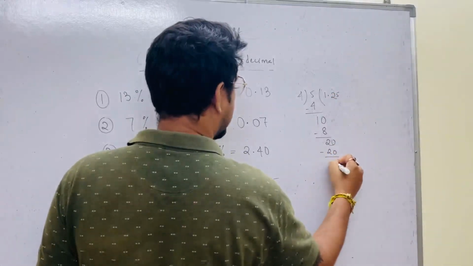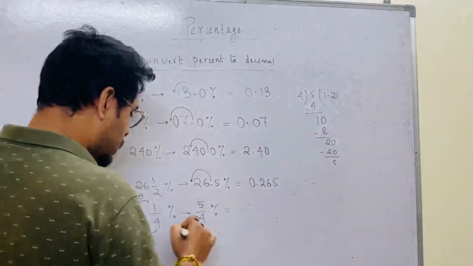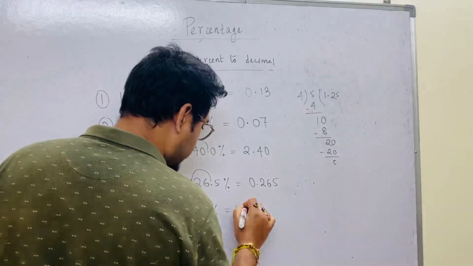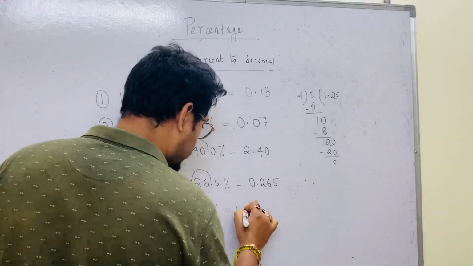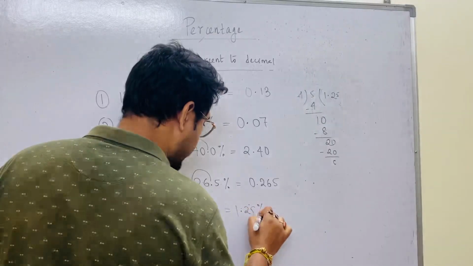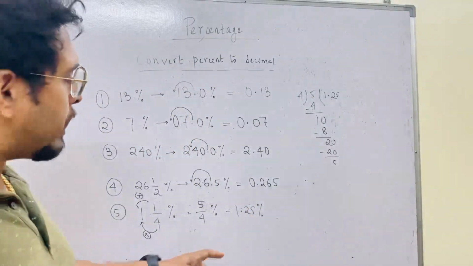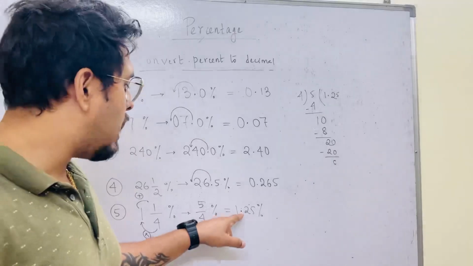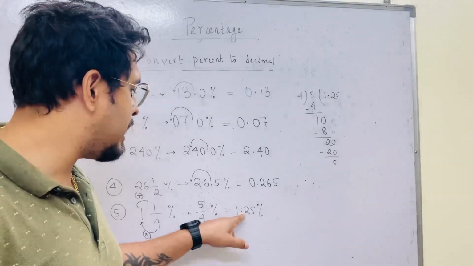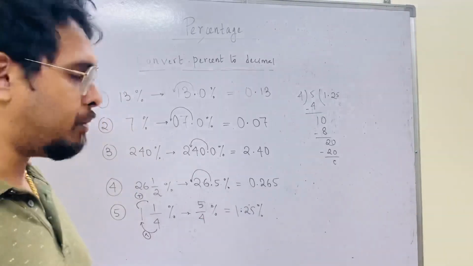So the answer is 1.25. So 5 over 4%, I can take as 1.25%.